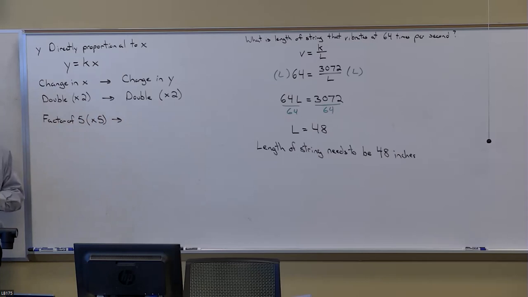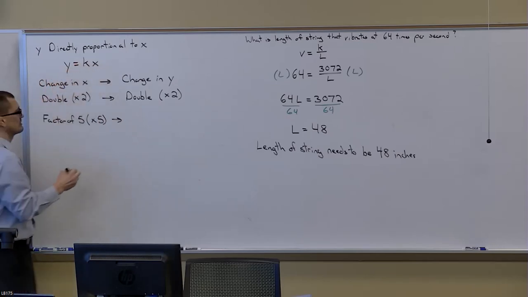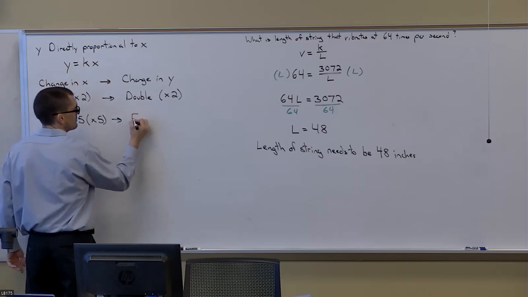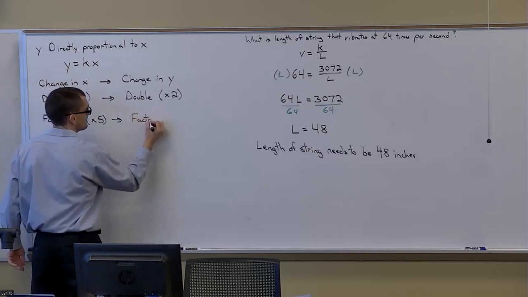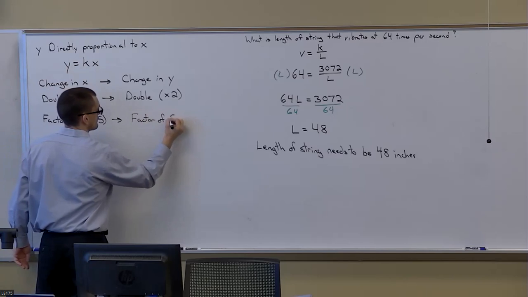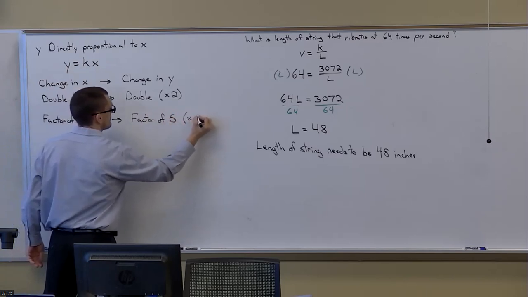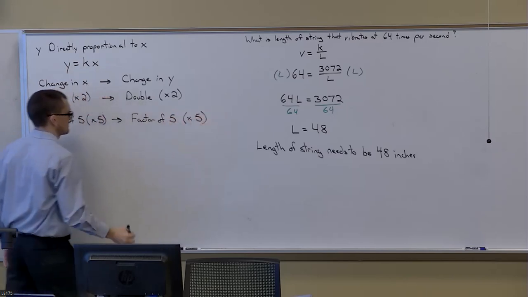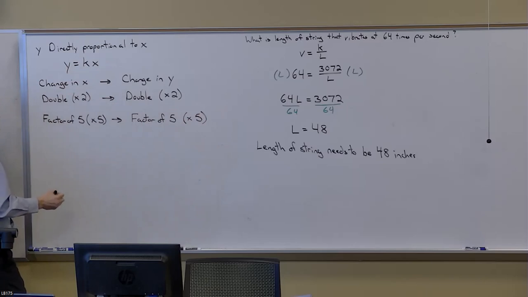What happens correspondingly to y? Well, if you multiply that by a factor of 5, then the whole thing got bigger by a factor of 5. So y also got changed by a factor of 5. And those are both increases.